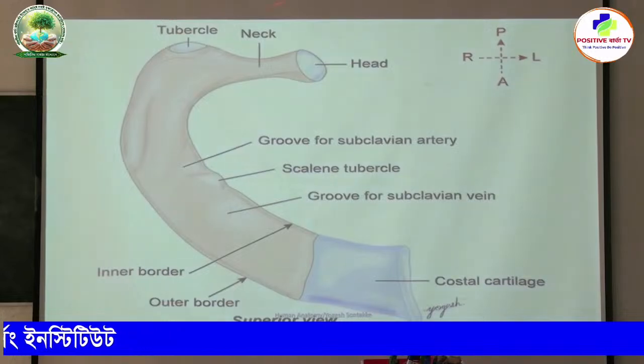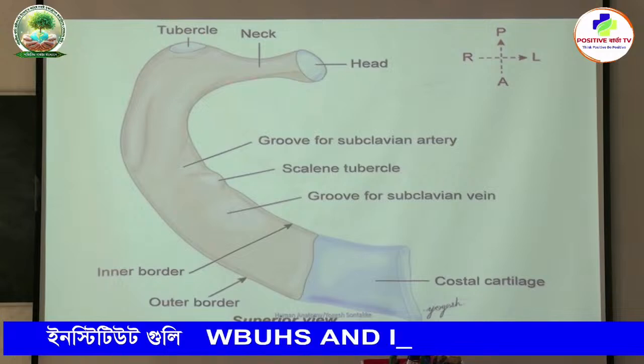See, this is the first rib. It is the shortest and stoutest rib. There is the head, neck, tubercle, only the articular area is present. This is the upper surface and below will be the lower surface. Here is the inner border and this is the outer border. And this is the scalene tubercle.